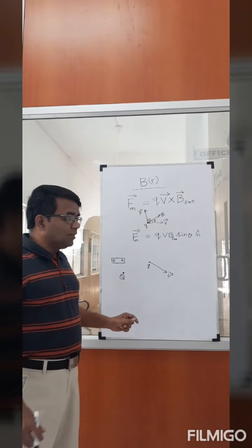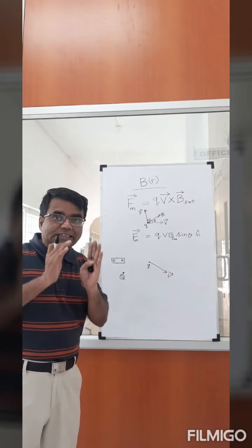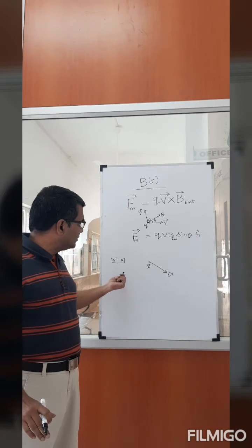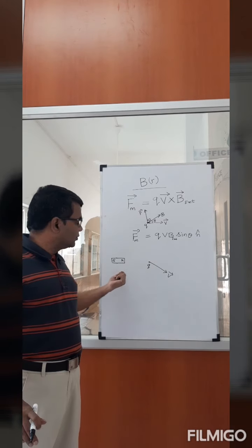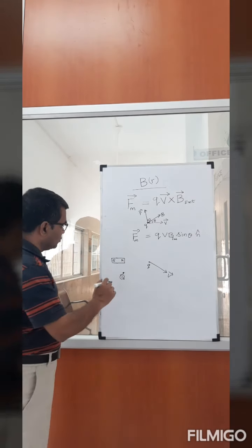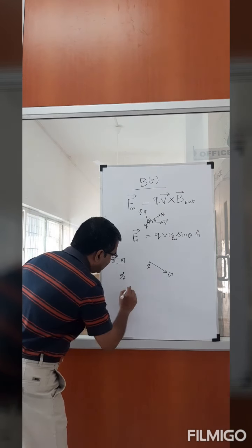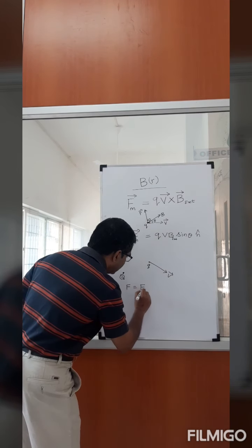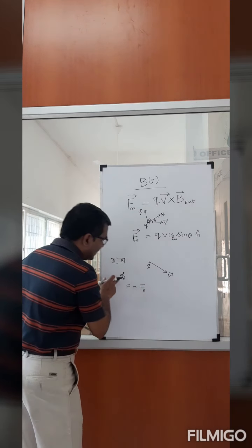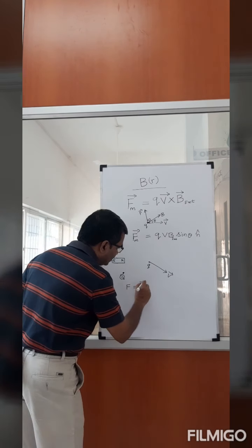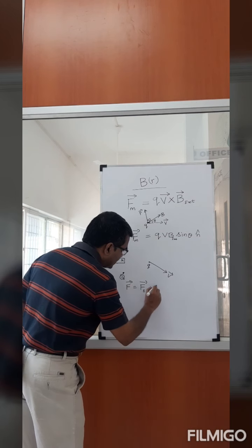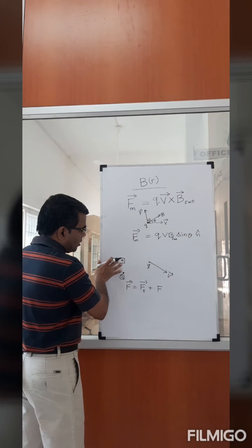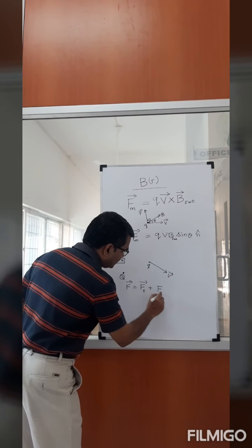And whether the charge is stationary or moving, it will be affected by the electric field produced by this. So the net force experienced by this will be the force due to the electric field of Q plus the force due to the magnetic field of this magnet.